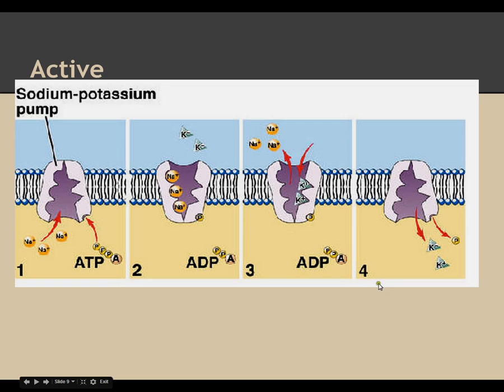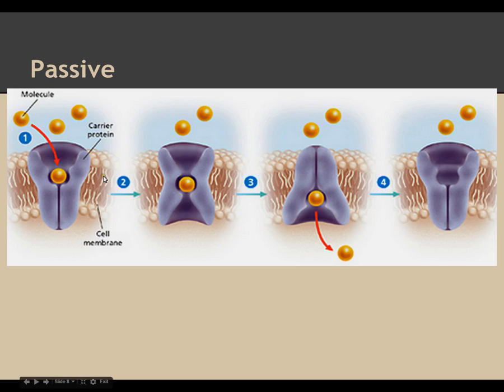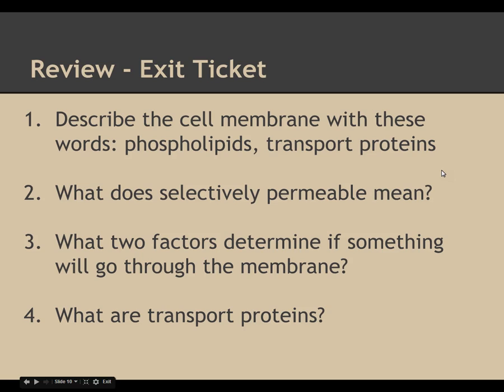So, the dead giveaway between these two transport proteins, one will have ATP involved. It'll be somewhere in the picture, or you'll see a phosphate group attached to it, and you'll see ADP over here, adenosine diphosphate. You'll see something to do with this energy molecule, meaning it requires energy. Passive transport proteins, you will not see that ATP or ADP anywhere in the picture. So if you can do this quick review, you're in good shape.